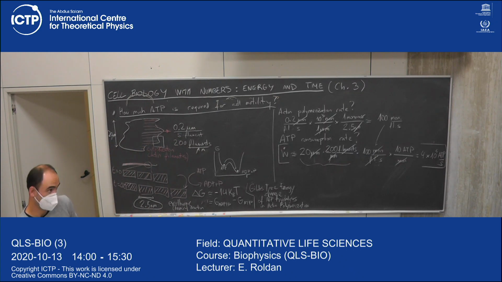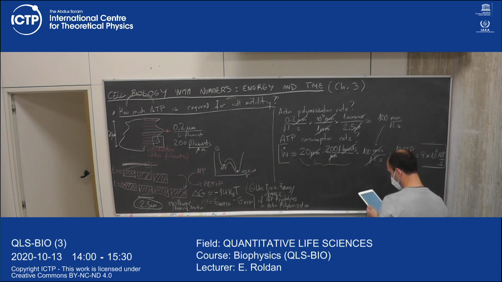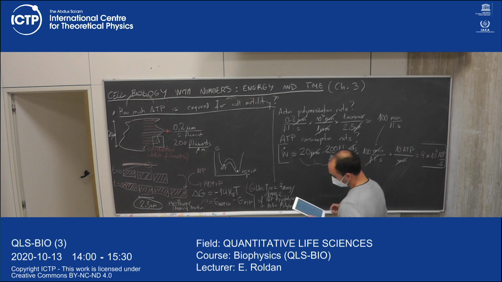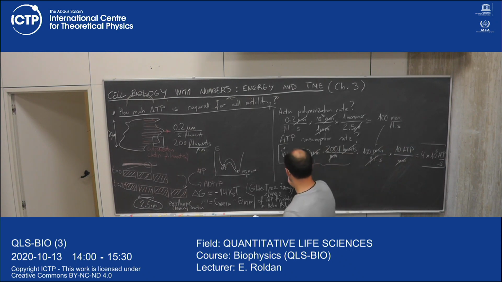It's a lot. Actually, in my notes I have a mistake here because per monomer, yes, there's a mistake in my note, but now we are doing it correctly. So this is 4 million ATPs per second, and now I will ask how much is this. So we have W dot is 4 million ATPs per second.